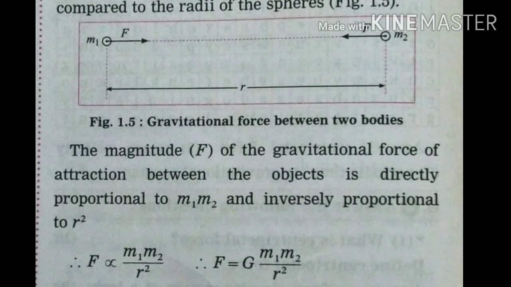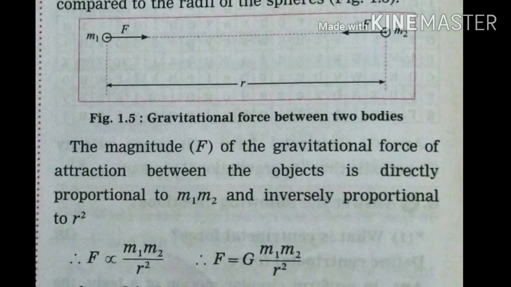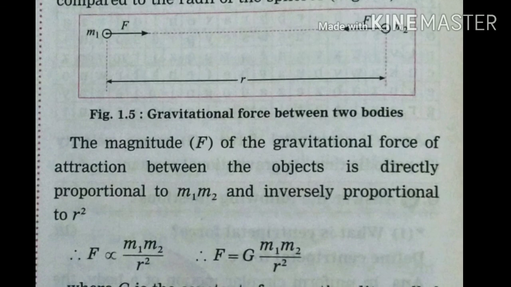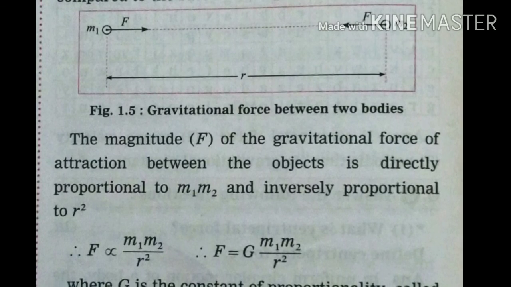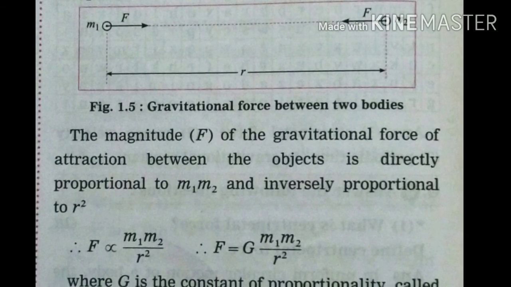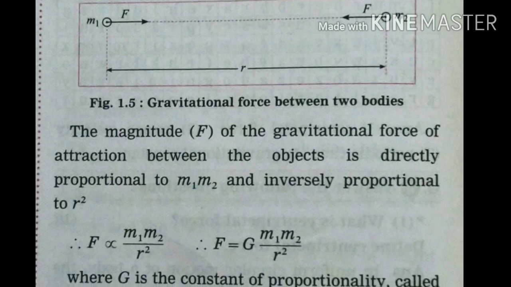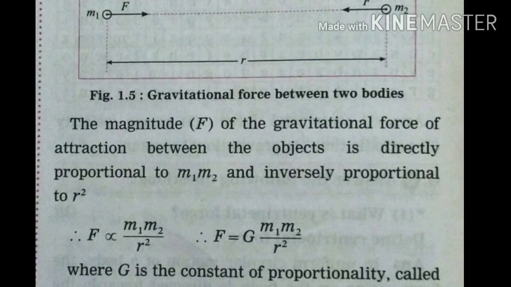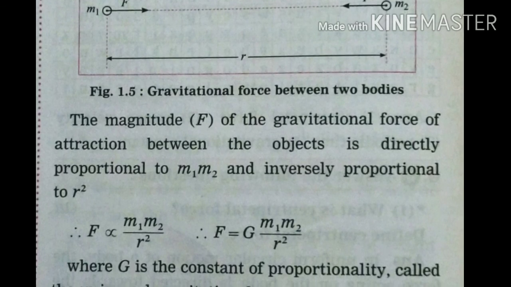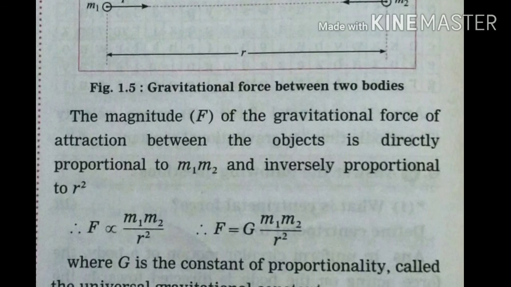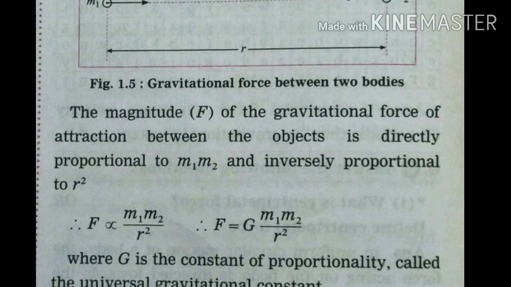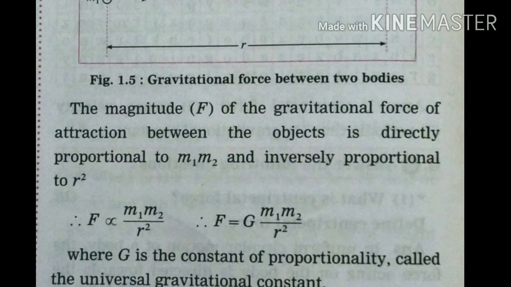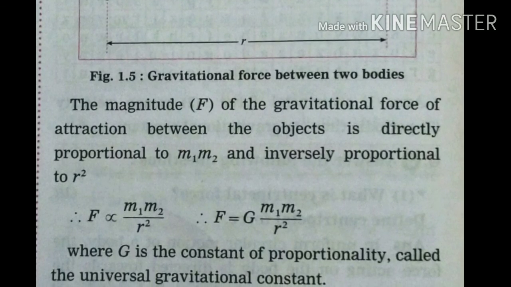That is, F is proportional to m1 m2 upon r squared. Therefore, F is equal to G m1 into m2 upon r squared, where G is the constant of proportionality called the universal gravitational constant.